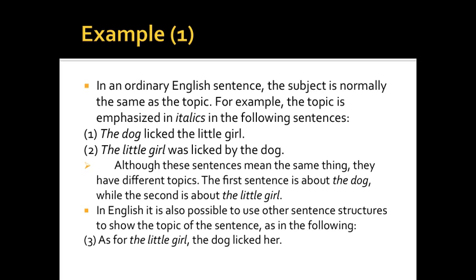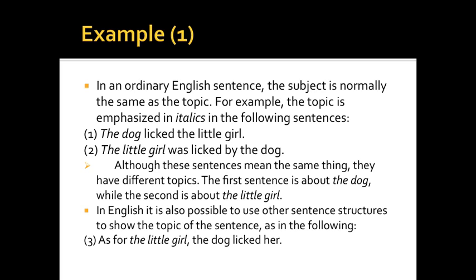Was licked by the dog is the rhyme. For the rhyme, you give more information about the little girl. Although the two sentences mean the same thing, they have different topics. The first sentence is about the dog, while the second sentence is about the little girl. So you emphasize differently in the two sentences.